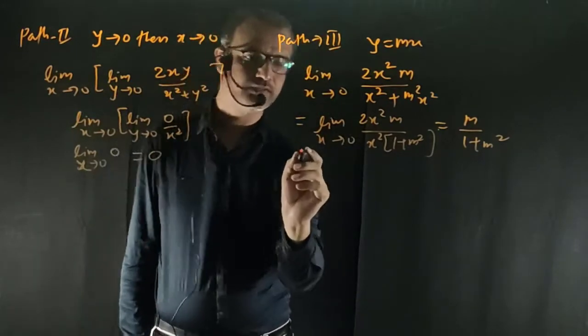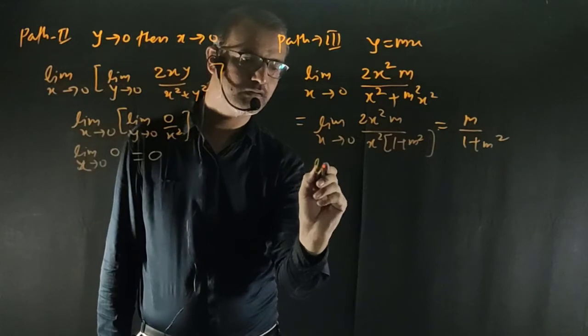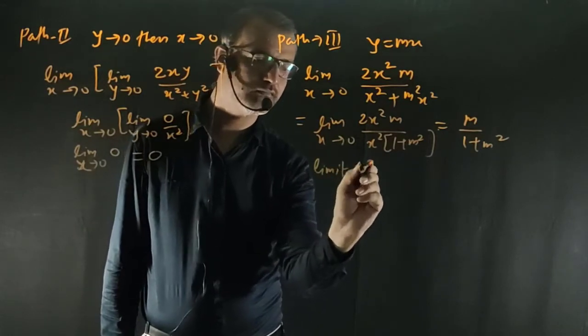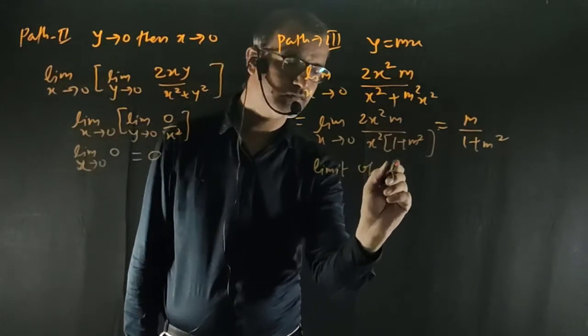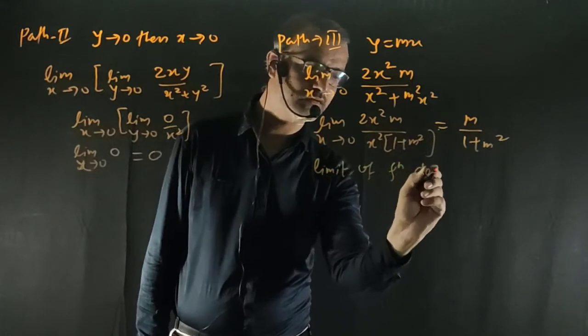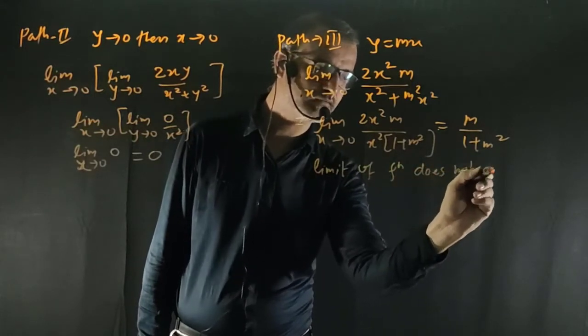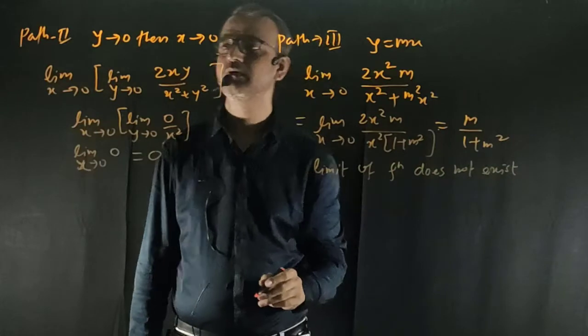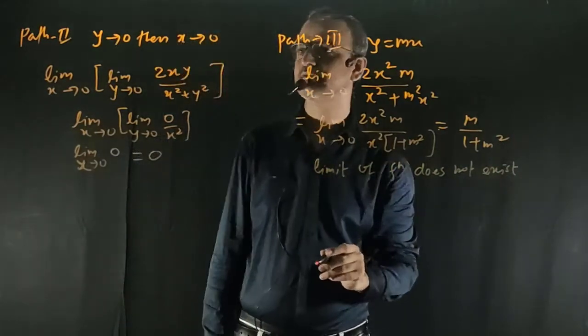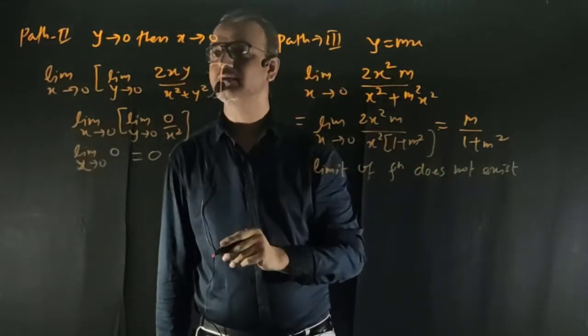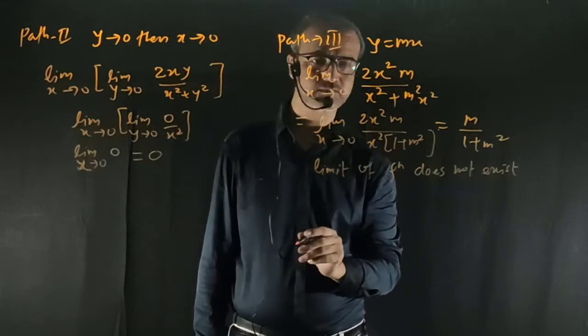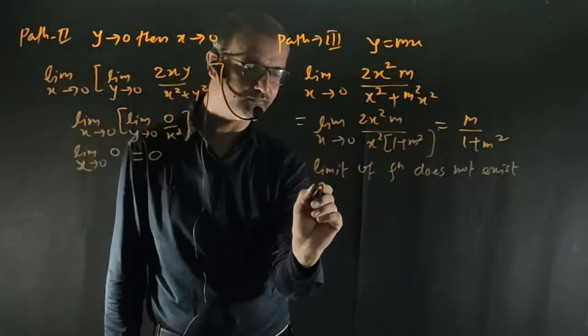Okay, so we can say that the limit of the given function does not exist. So here the limit of function does not exist, so we can say that the given function is not continuous at 0, 0.